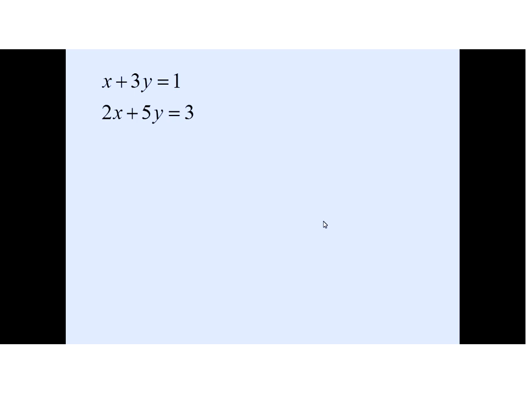So it is x plus 3y is equal to 1, and 2x plus 5y is equal to 3, and we have the matrix A is equal to 1, 3, 2, 5, and we find the inverse.